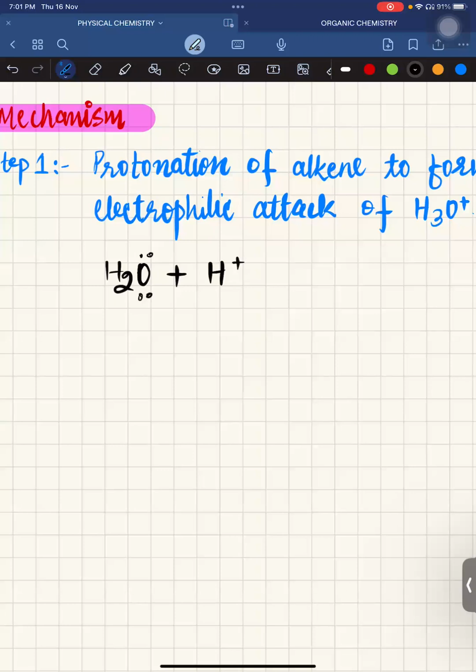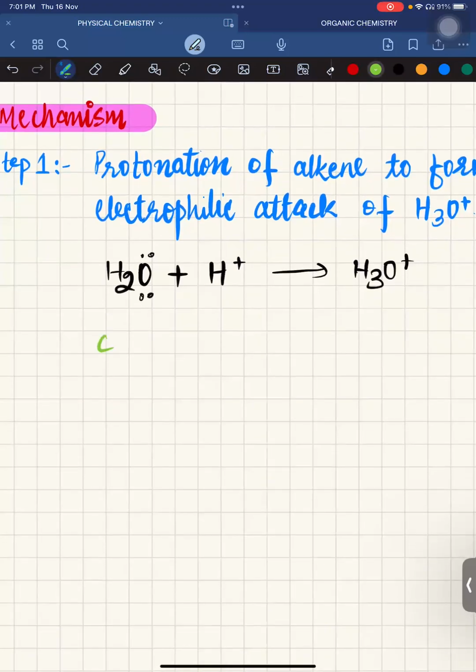So it will attack H plus and you will get H3O positive, which has the name hydronium ion. Now this alkene will come into play, C double bond C, and H3O positive, I'm going to write like this: oxygen, hydrogen, hydrogen. One of its lone pairs has been used, so only one lone pair is there and positive charge is there.